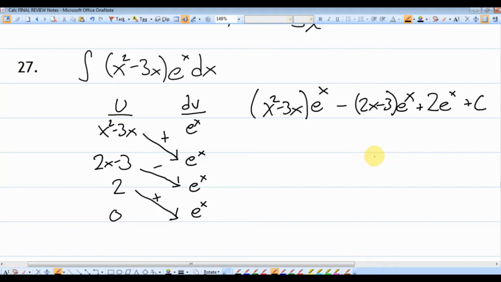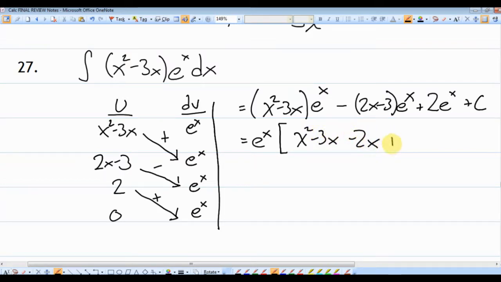Each of these has a factor of e to the x, so we can go ahead and factor out e to the x. That gives me x squared minus 3x minus 2x plus 3 plus 2. So x squared minus 5x.